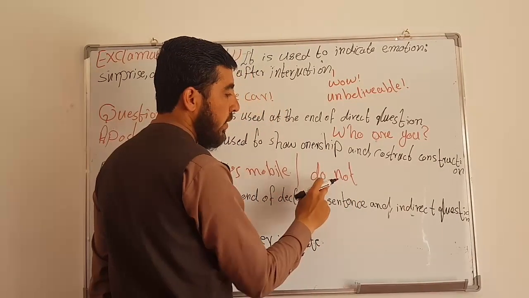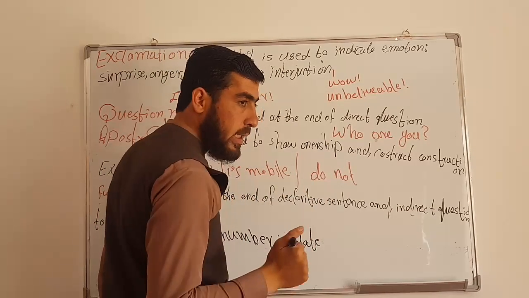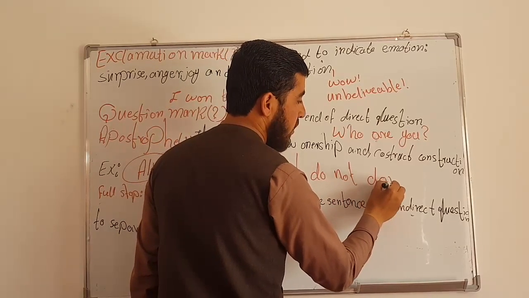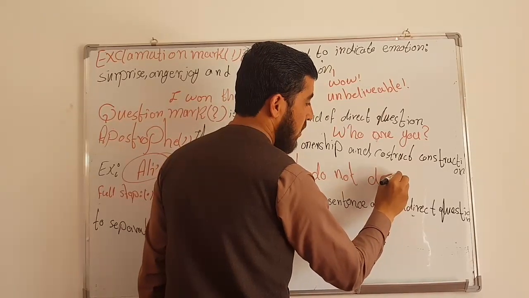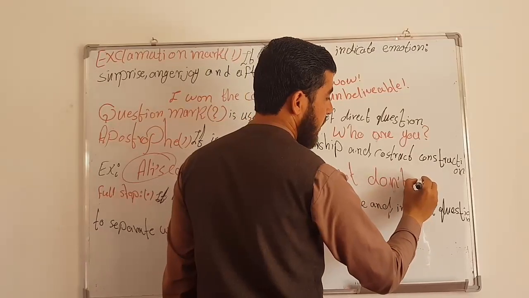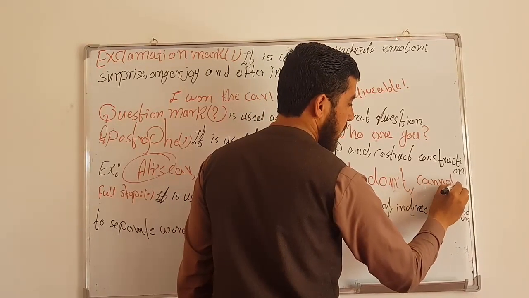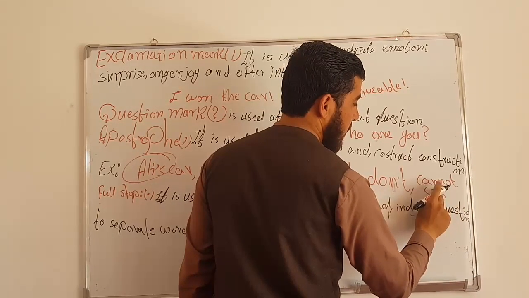Instead, whenever we add a contraction, it becomes shorter. For example, don't. For example, can not. Instead of that, we can use can't.